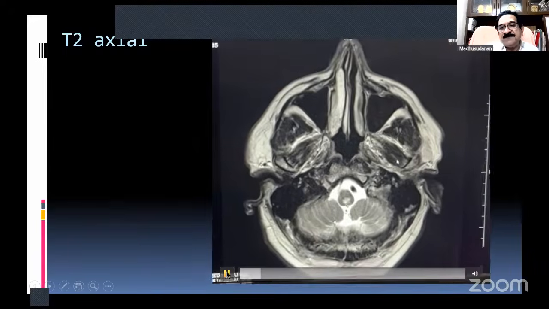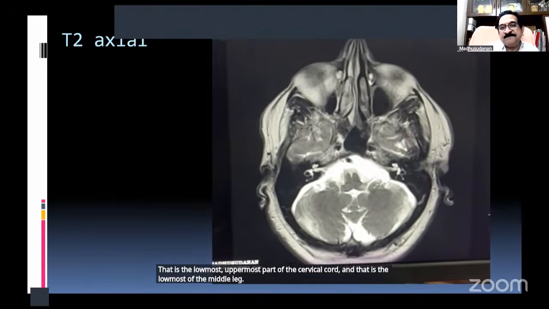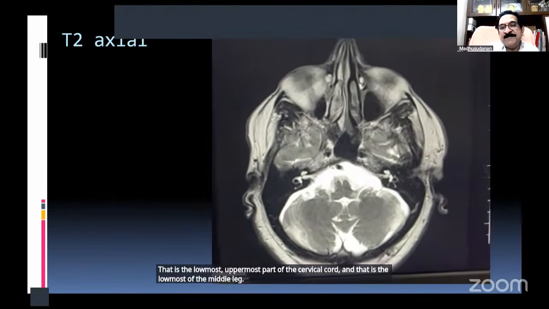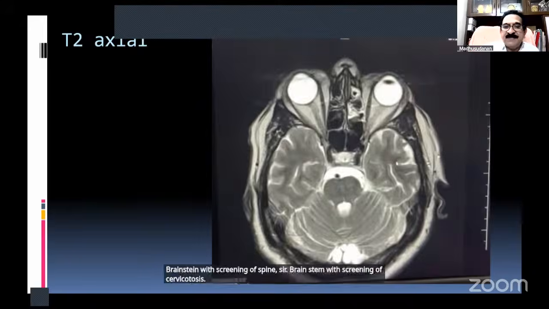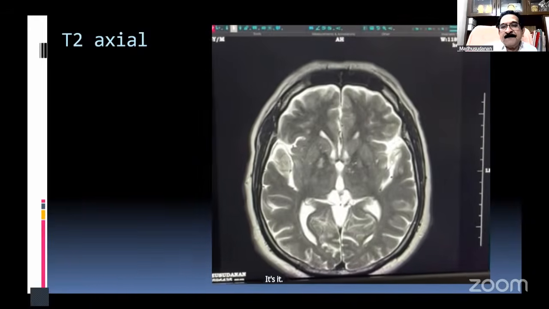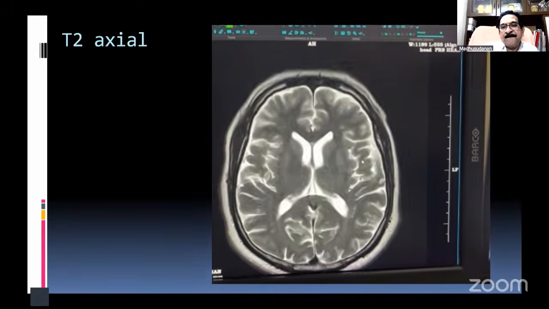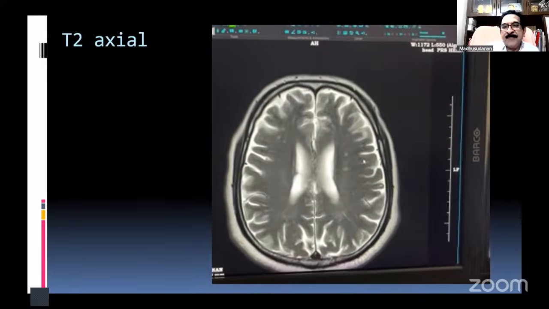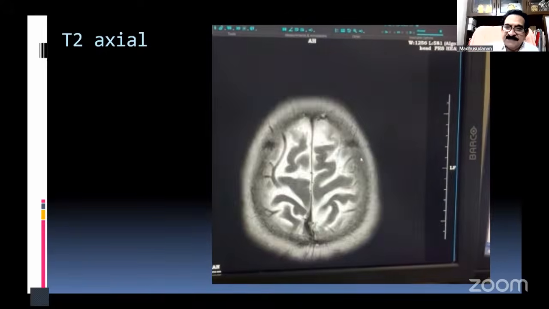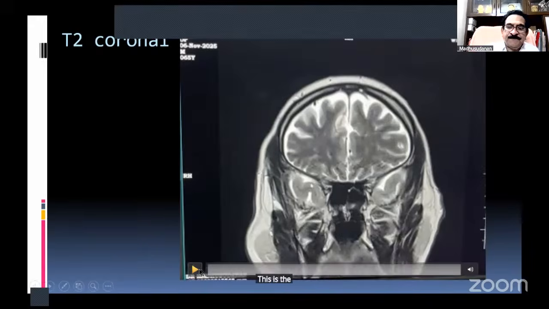That is the uppermost part of the cervical cord, and that is the lowermost part of the medulla. Can you make out a hyperintense lesion on the left side of the medulla? This is the T2 coronal.